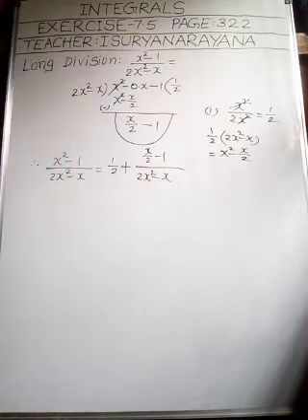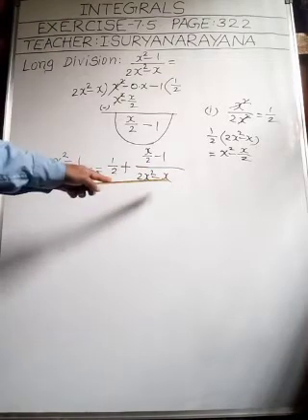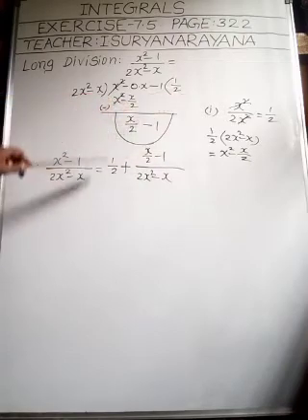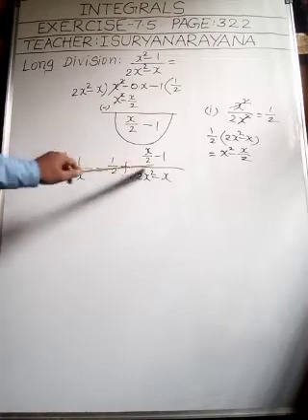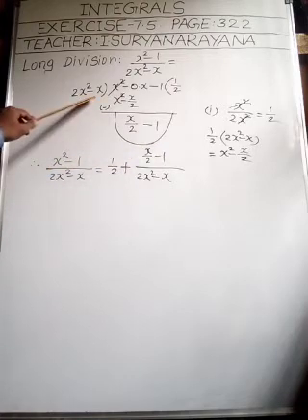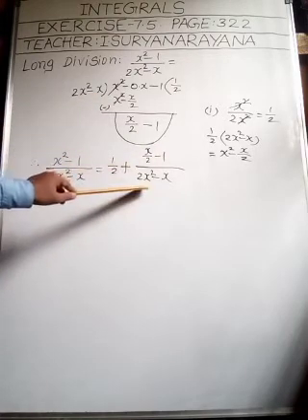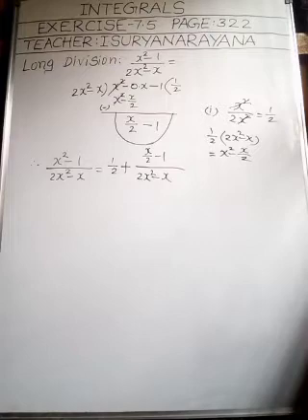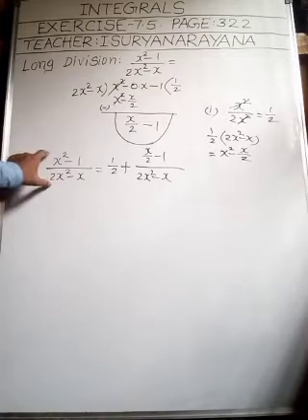Okay, my children, understood this step? I wrote it as a mixed fraction: quotient plus remainder by divisor. Okay, my children, understood this one? Right. This is nothing but the given integrand, isn't it, my children?